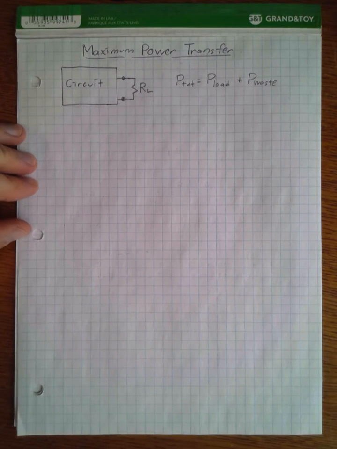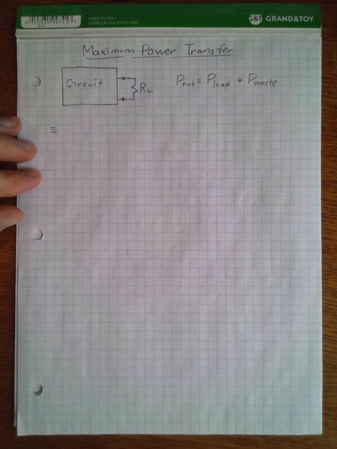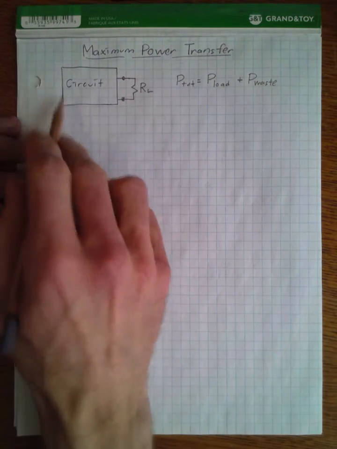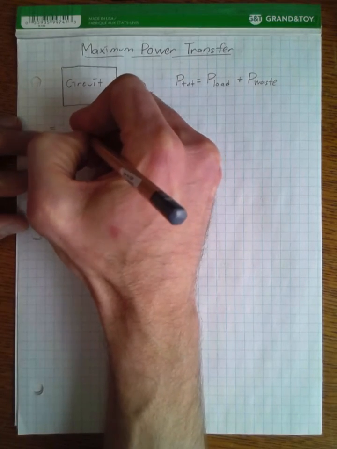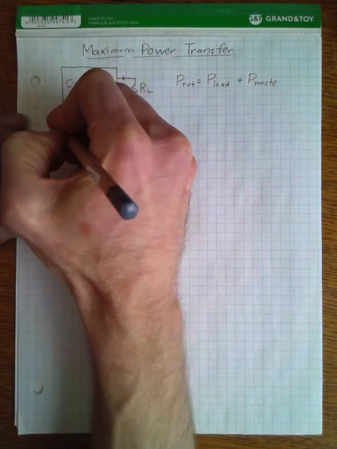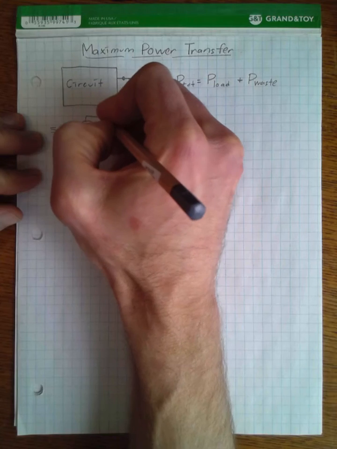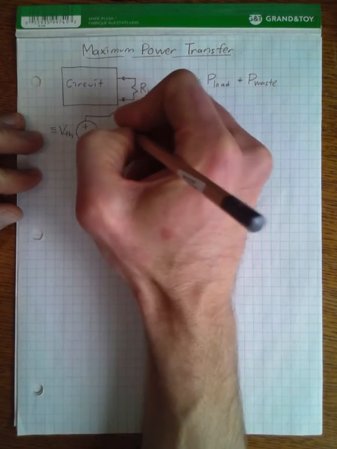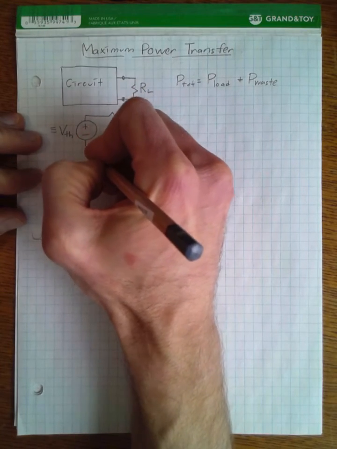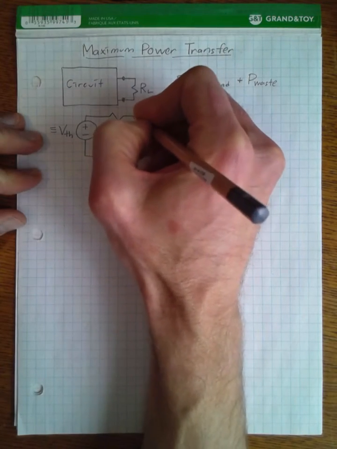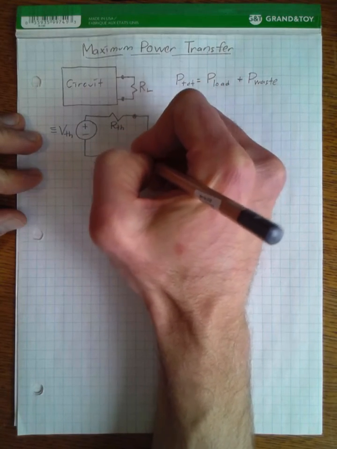And so what we want to do is to represent our circuit using its Thevenin equivalent. And I'll review Thevenin equivalents here in a second. But basically our internal circuit is modeled by a single voltage source and a single resistor in series with that voltage source, connected to our load.